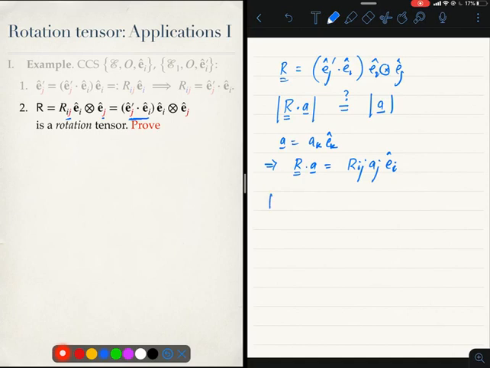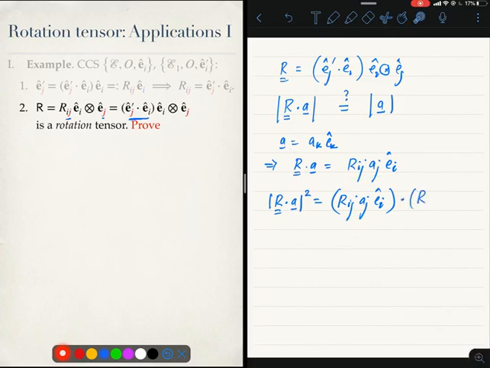Let's look at the square of the length of R dot A, that is Rij Aj Ei. This is a vector. To find its length, I take the dot product of the vector with itself.